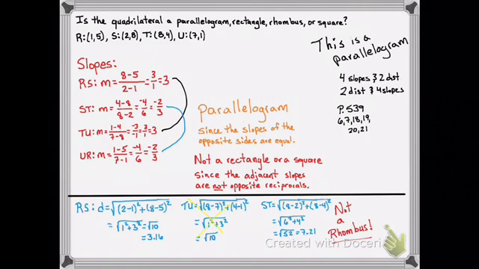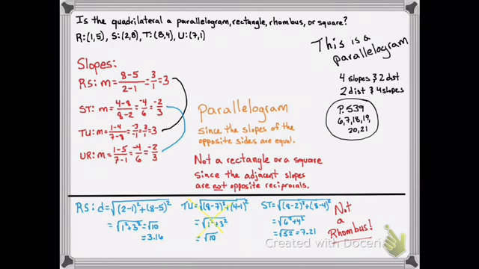One last thing that I want to caution you on with the 4. With the 3, it's no big deal because you have to do them all. But with the 4, you have to be really, really careful. Notice what I didn't do. I didn't do RT at all. Nowhere do you see RT because RT is a diagonal. You don't want to do that. They will always list them in order, RSTU. You may even want to graph them so you can make sure you don't do the diagonal.